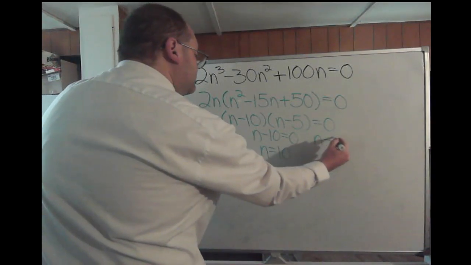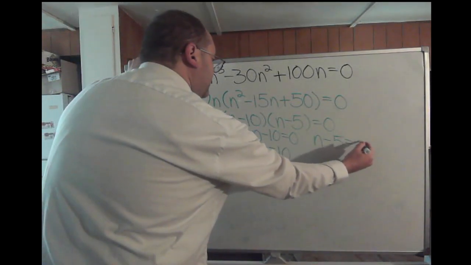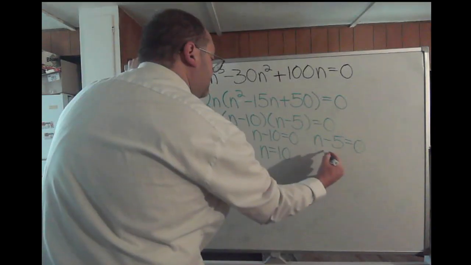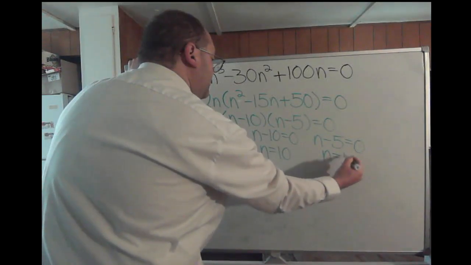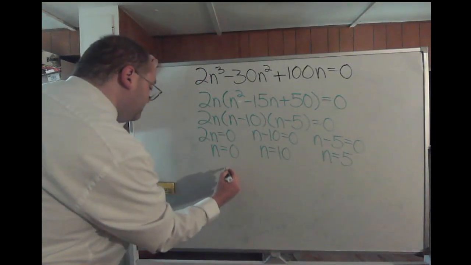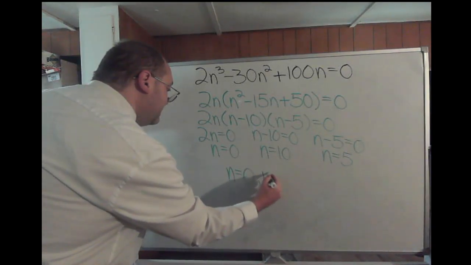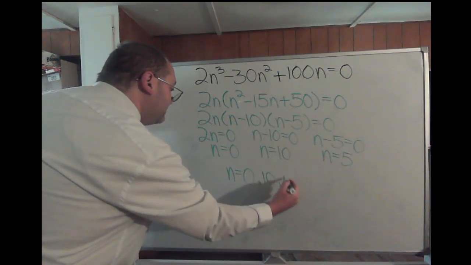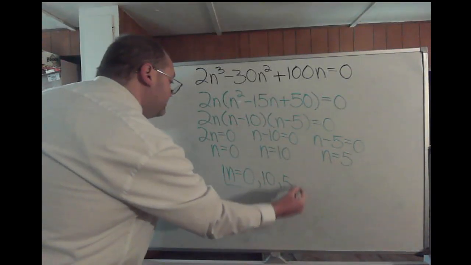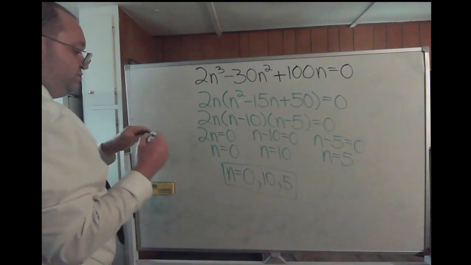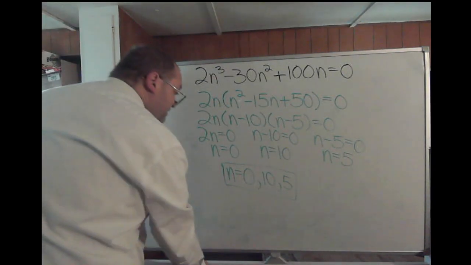Take your n minus 5, set that equal to 0. Well, n equals 5. So the three answers you should get for n are 0, 10, and 5. Those would be your three solutions to this equation, 0, 10, and 5.